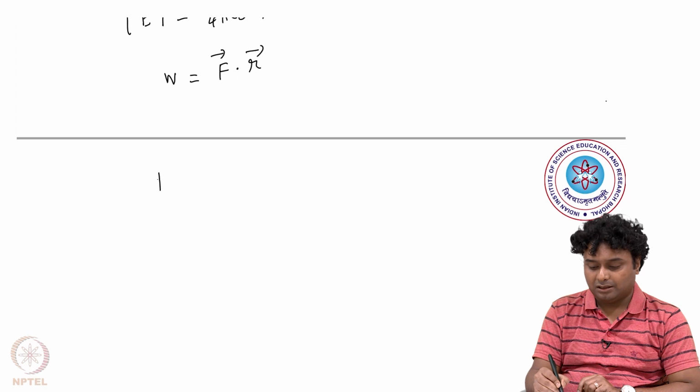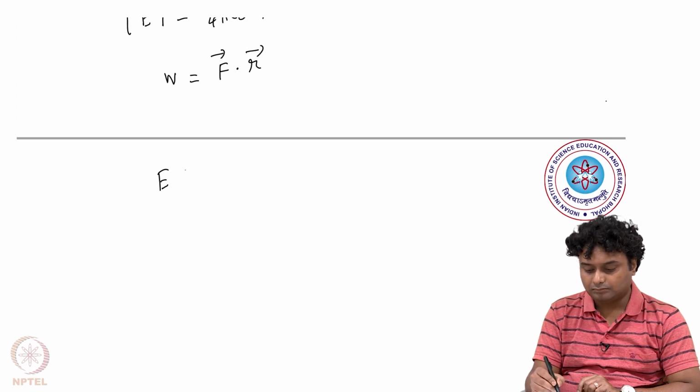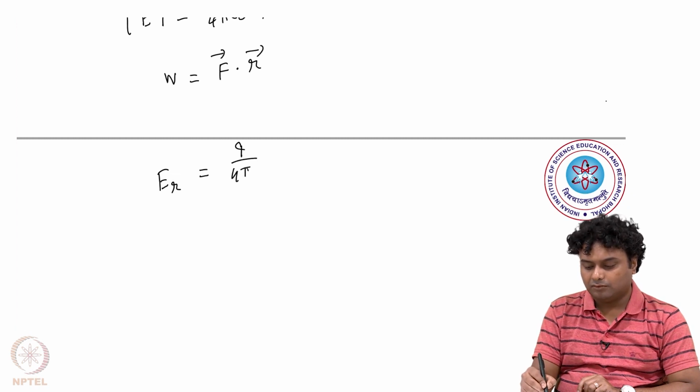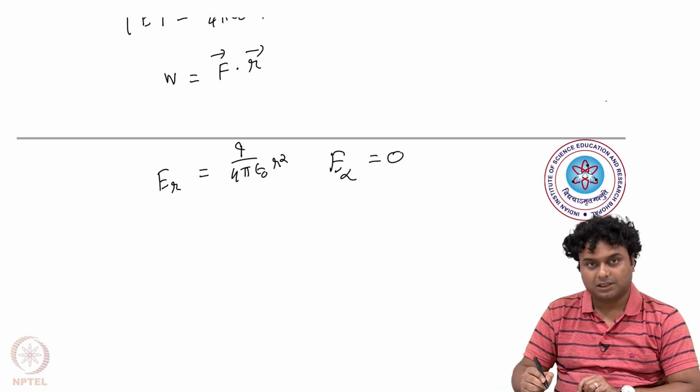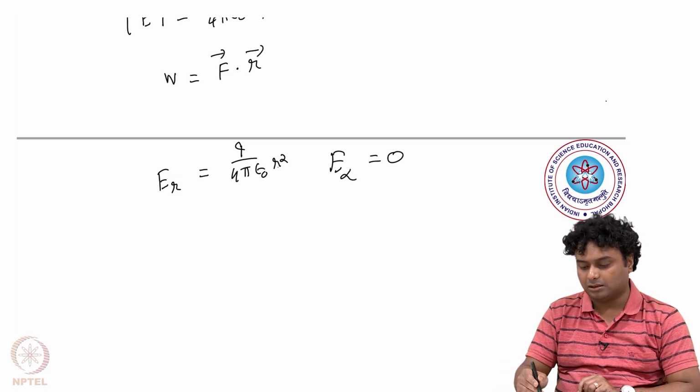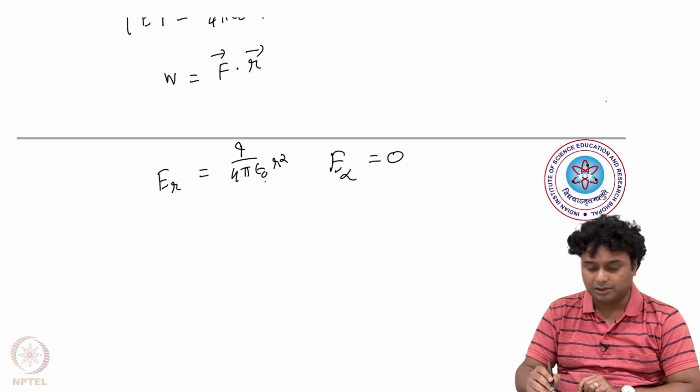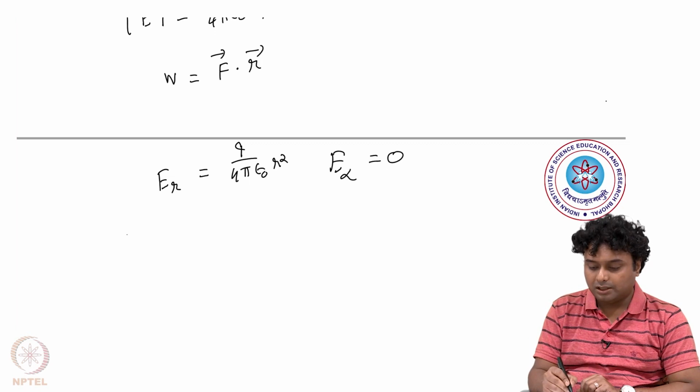The electric field at r is Q by 4 pi epsilon naught r square. What is the electric field at infinity? It is equal to 0, correct? In the denominator there will be infinity, so it will be 0. To calculate the total work done, we need to integrate it.